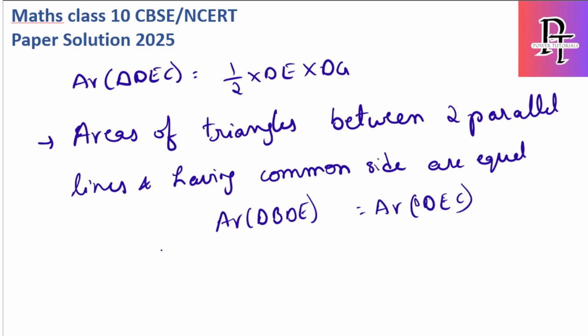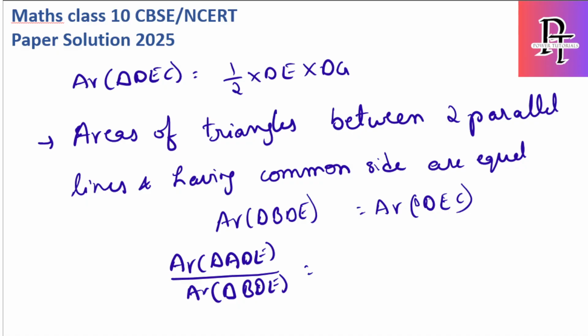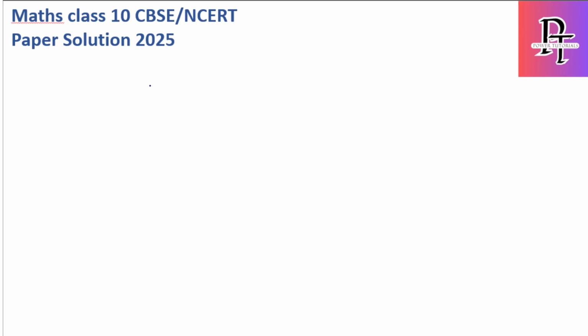Okay, so simply let's find the ratios now. Area of triangle ADE by area of triangle BDE is equal to area of triangle ADE by area of triangle DEC, because the areas of BDE and DEC are equal. So let's write all the formulas.